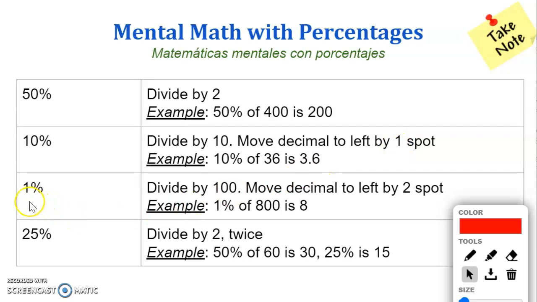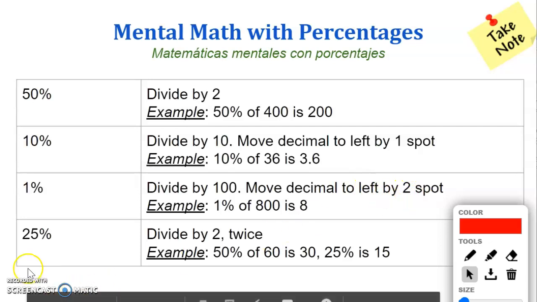To calculate 1% of a number, you're going to divide by 100. Another way to think about it is to move the decimal place to left by 2 spots. To figure out 25%, you're going to divide by 2 two times. So 50% of 60 is going to be 30, and then 25% is going to be half of 30, which is 15.